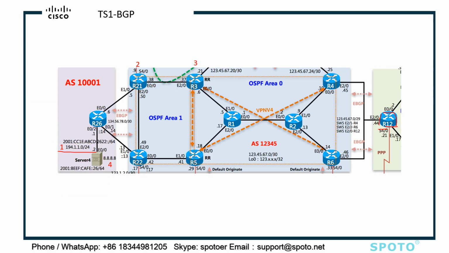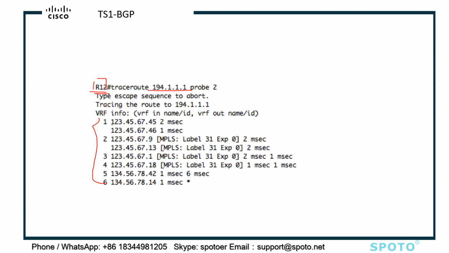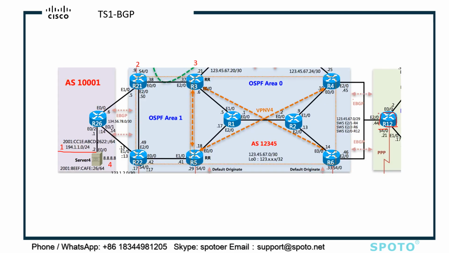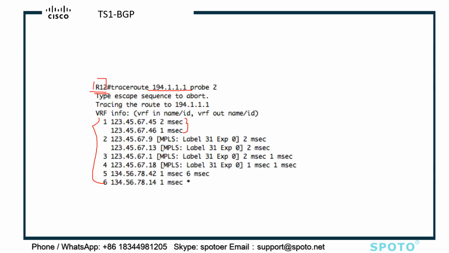So when R22 tries to visit it, we can see here the first path is the load balance, and it means these two routers we can both select. So R22 can send packets to both R4 and R6. And also we can see for the next one, the path uses the label.